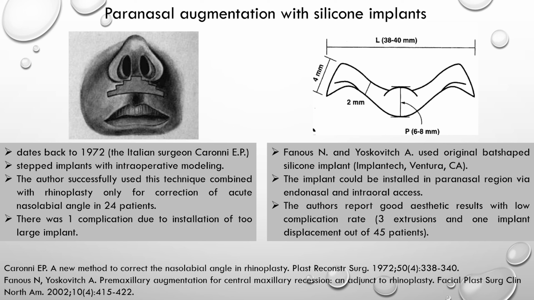In the 21st century, Fonos and Yuskovich used their own original bed-shaped silicone implant. The implant could be installed in the paranasal region via both intranasal and intraoral access. The authors report good aesthetic results with a low complication rate: 3 extrusions and 1 implant displacement out of 45 patients.